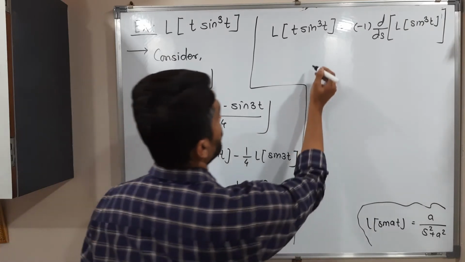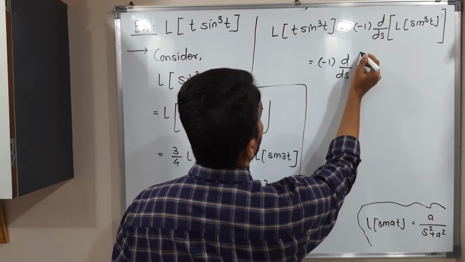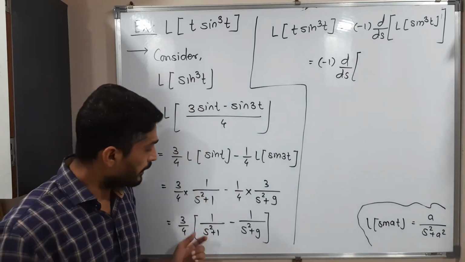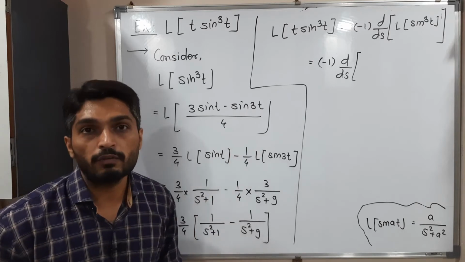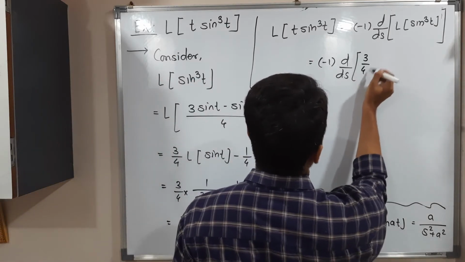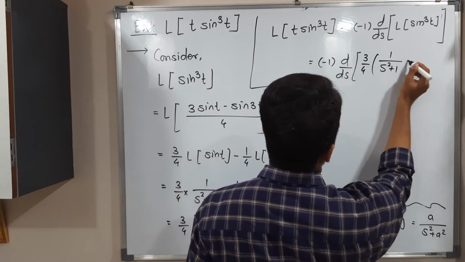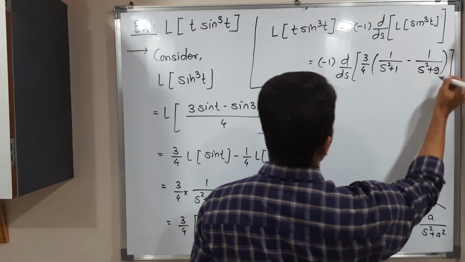So this is equal to minus 1 derivative of, okay. So this task we have already done, getting? And already we have got its value. So let us put the entire value there in place of Laplace of sine cube t. So it will be 3 by 4, in bracket we will have 1 upon s square plus 1 minus 1 upon s square plus 9, right?